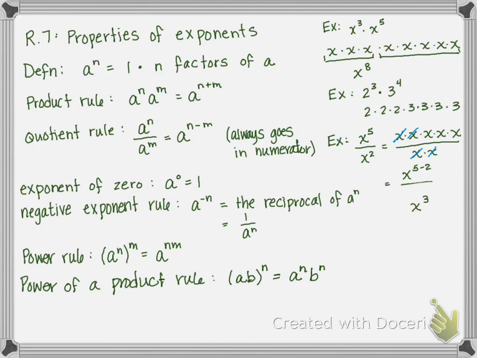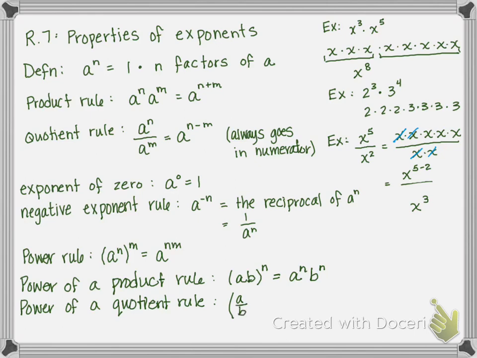And then the last rule is the power of a quotient rule. And this one's probably the easiest one to see.